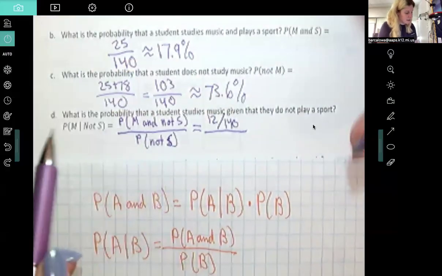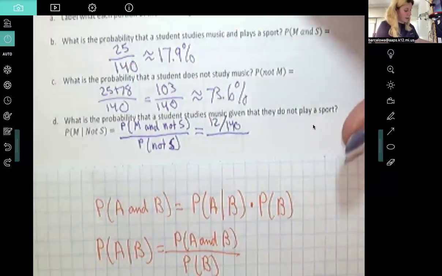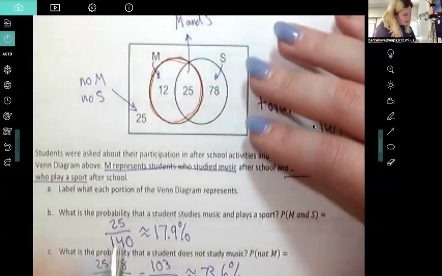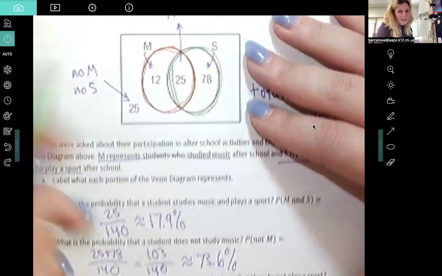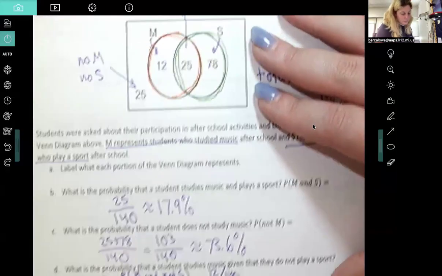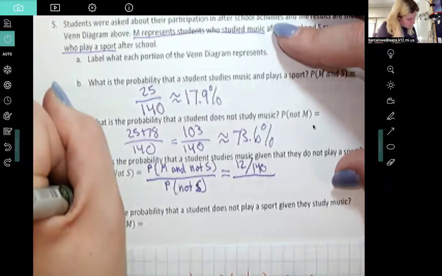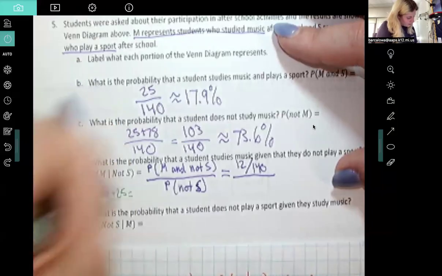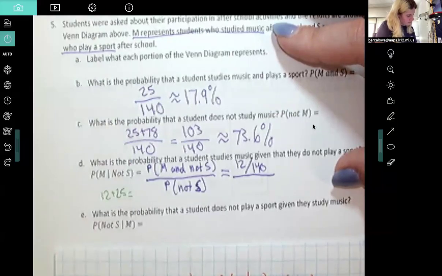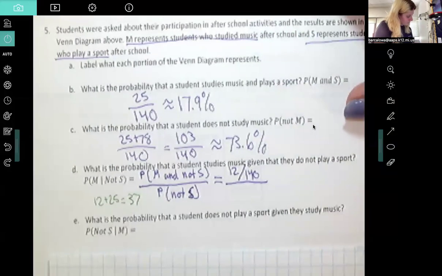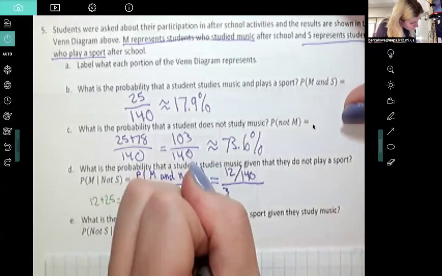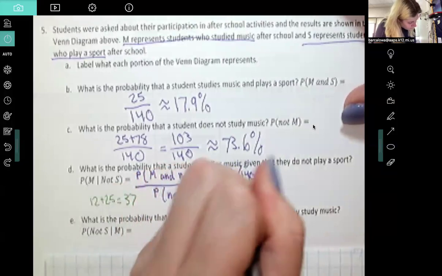Probability of not playing a sport, that would be everything outside of this green circle. So 12 and 25. Let's do it off to the side. 12 plus 25 is what, 37? 37. So 37 out of 140.